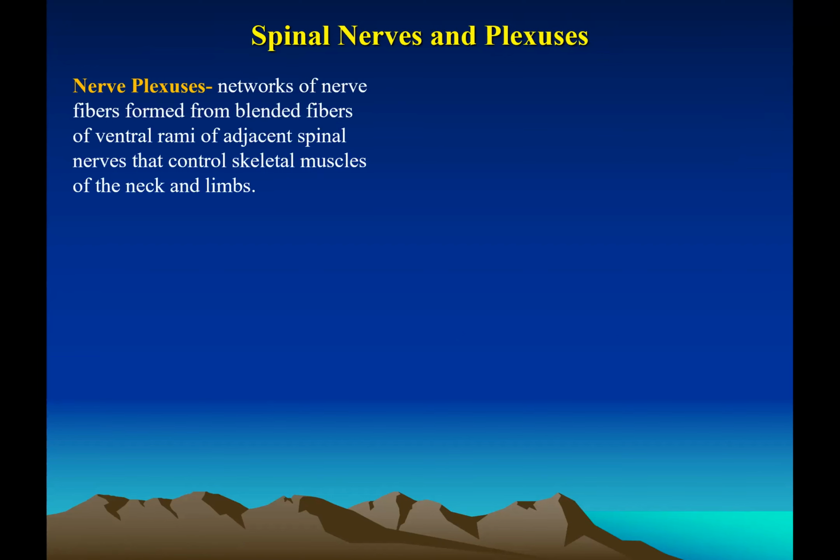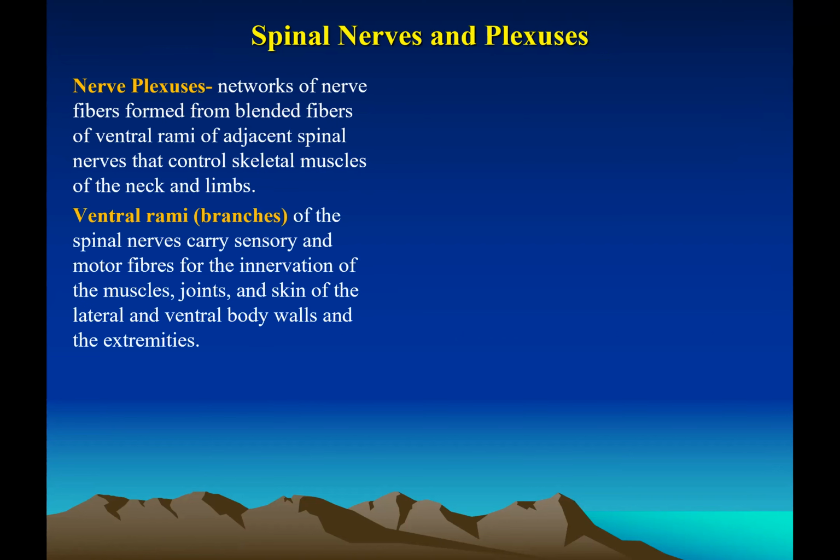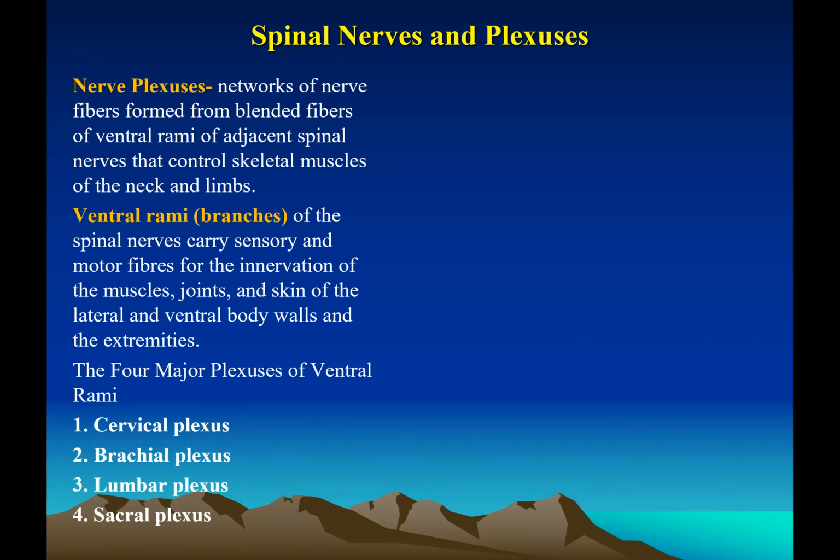They are formed by mixed fibers of the ventral rami of the adjacent spinal nerves, and they control skeletal muscles of your neck and the limbs. Ventral rami refers to the branches of the spinal nerves, and they carry sensory and motor fibers for innervation of muscles, joints, and skin of your lateral and ventral body walls and extremities.